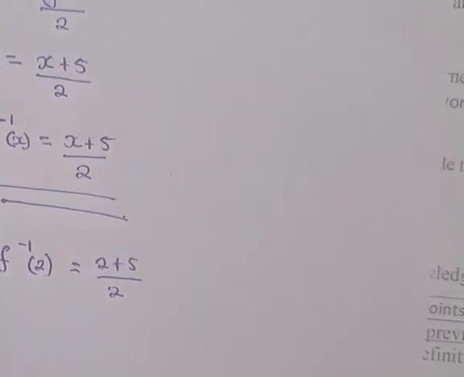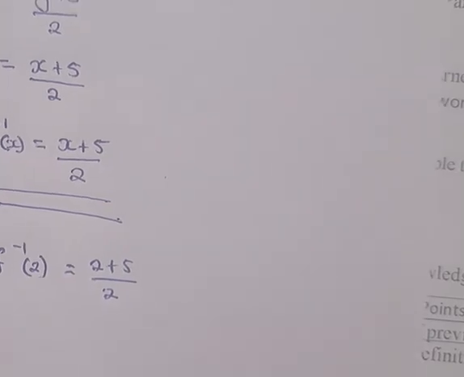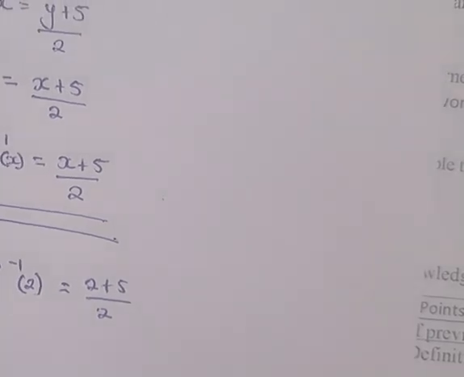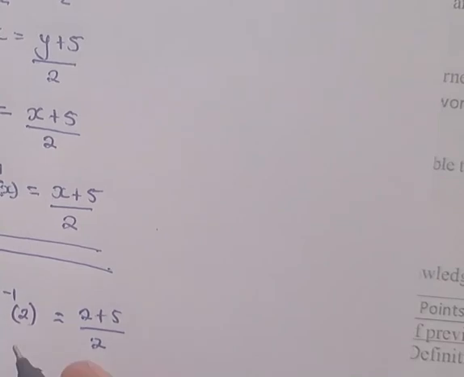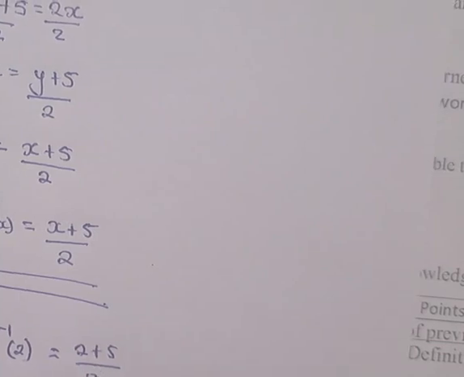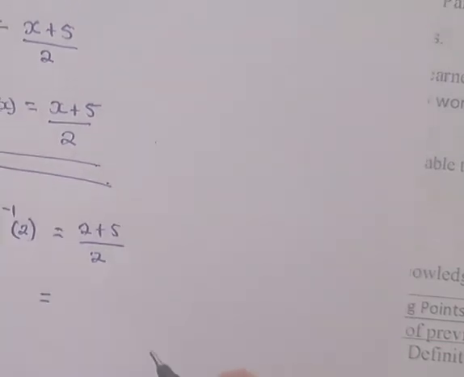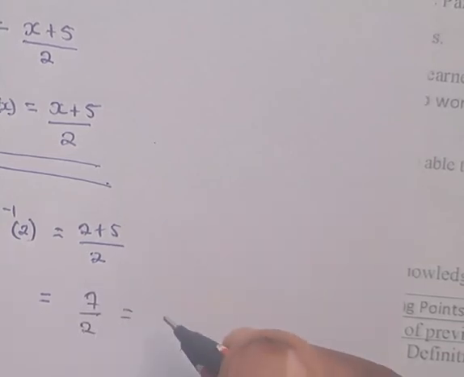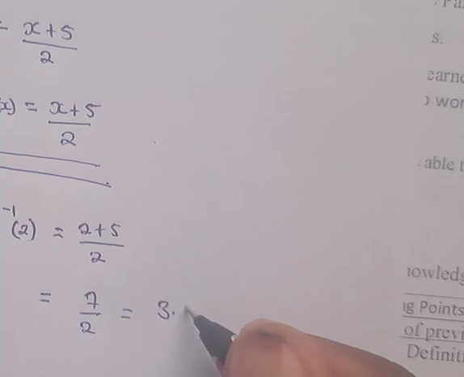Yeah, that's right. Then from there we find the solution and say this one is equal to 7 over 2, which is equal to 3.5.